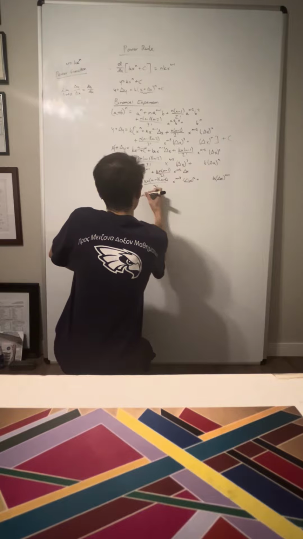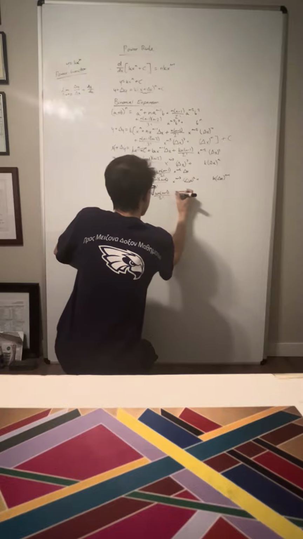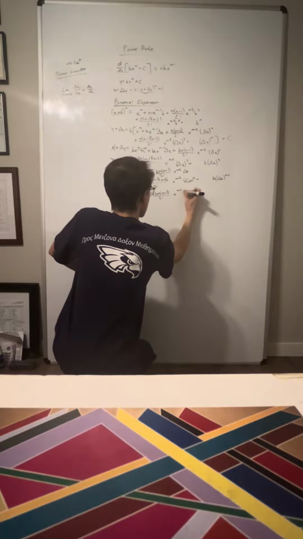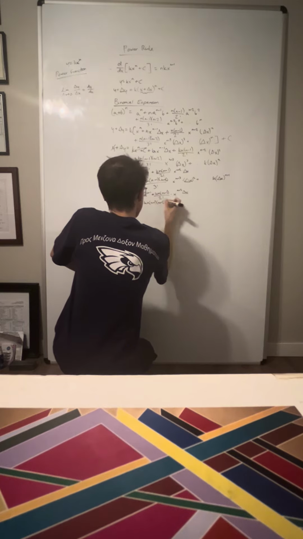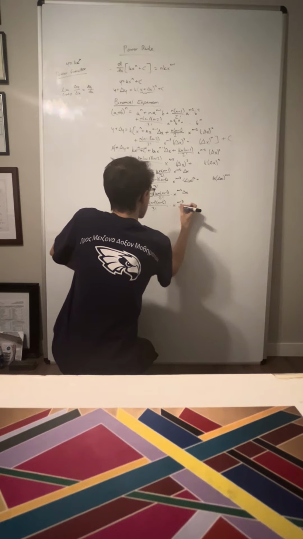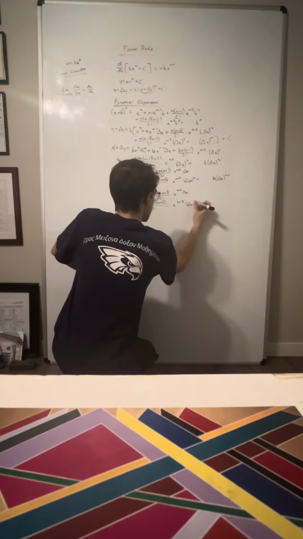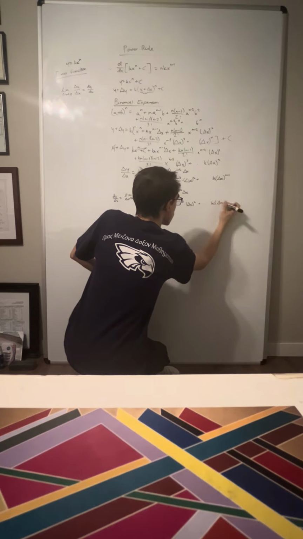So kn x to the n minus 1 plus kn times n minus 1 over 2 factorial times x to the n minus 2 delta x plus kn times n minus 1 times n minus 2 divided by 3 factorial times x to the n minus 3 times delta x squared plus dot dot dot, k times delta x to the n minus 1.